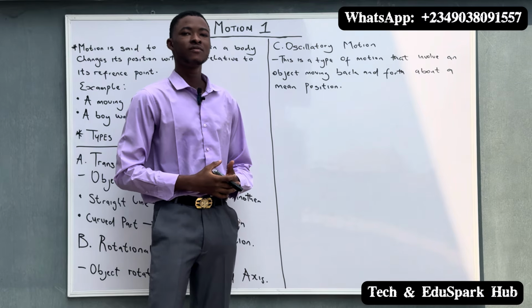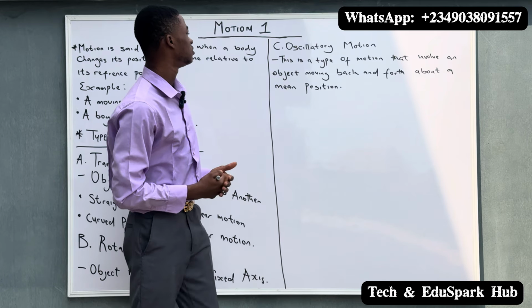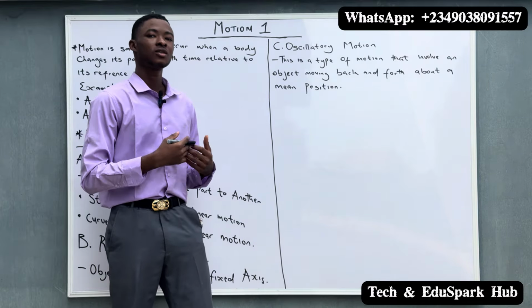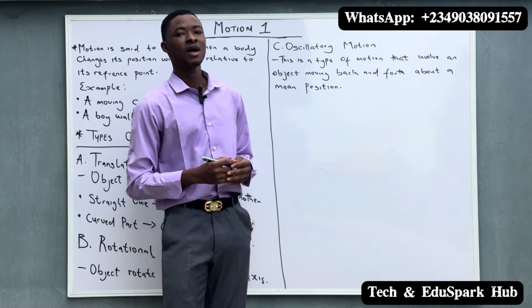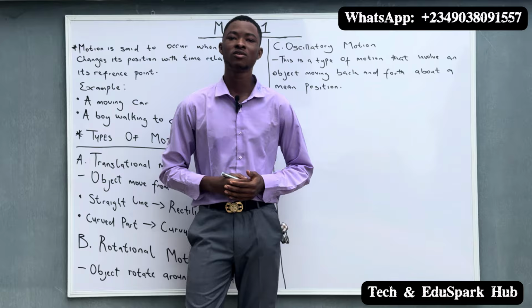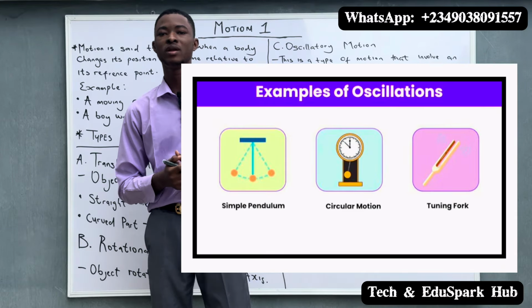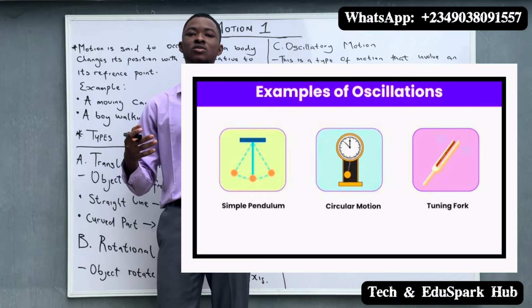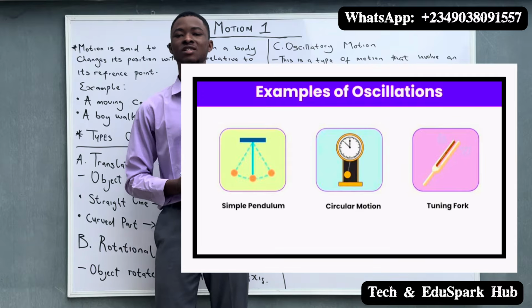So this is a simple definition of the oscillatory motion. You can see we have a body moving back and forth towards a mean position. The examples as displayed on the screen are the simple pendulum, the circular motion, and a tuning fork. So these are all examples of oscillatory motion.